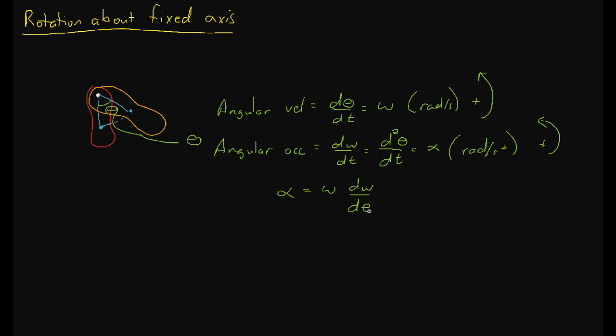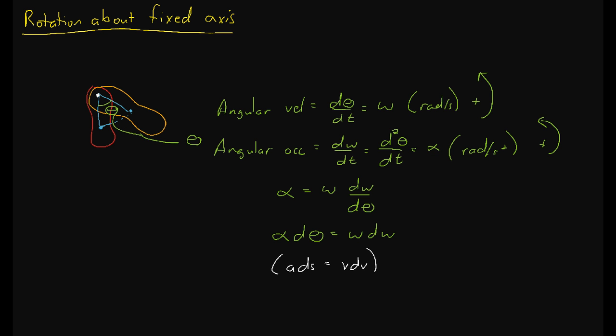Just like there was what I've been calling the other equation for acceleration, position and velocity that does not involve time, there's the same thing for rotation about a fixed axis. So we have alpha is equal to omega d omega over d theta, which was also written as alpha d theta is equal to omega d omega, and remember the equation before was acceleration ds is equal to velocity dv.